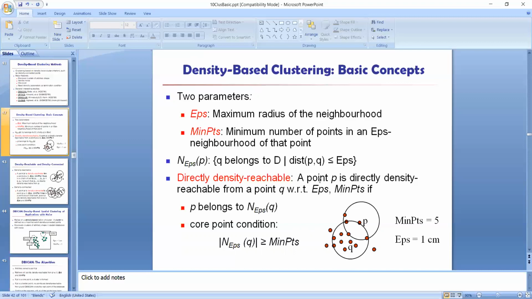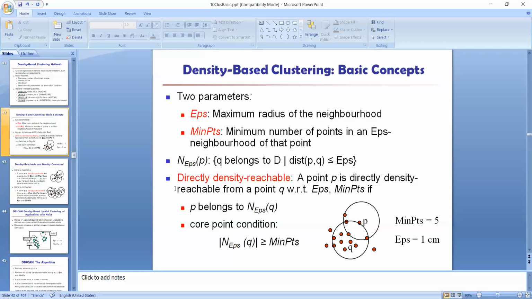Okay, so we mainly have two parameters in density based clustering: epsilon and minimum points. Epsilon is the given radius of the neighborhood, and minimum points is the minimum number of points required within that neighborhood, right?